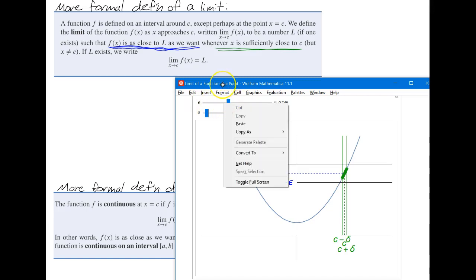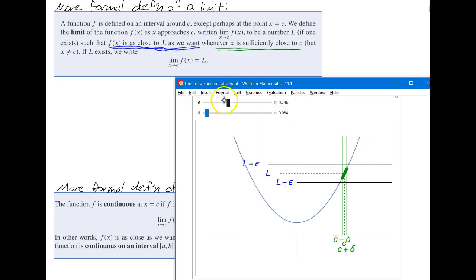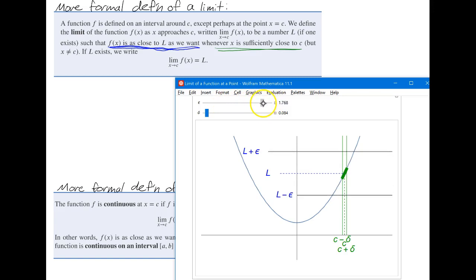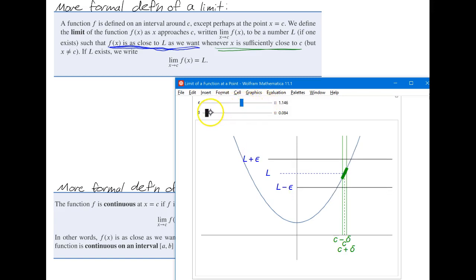So in this case, if you make epsilon a little bit bigger, that means you don't want it to be that close, like within, I don't know, 1.1 units or whatever.